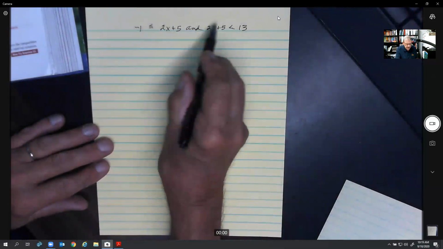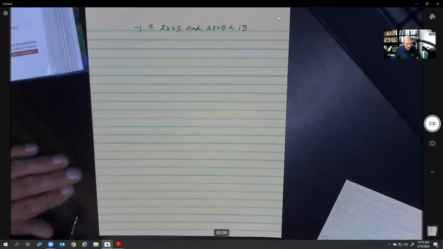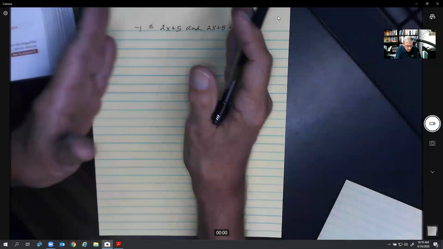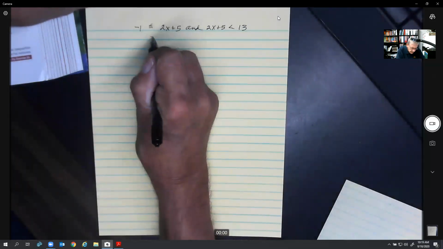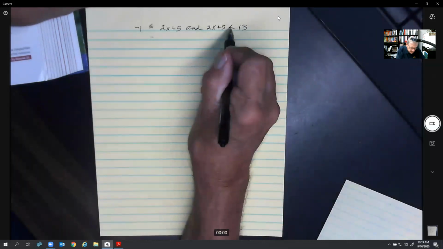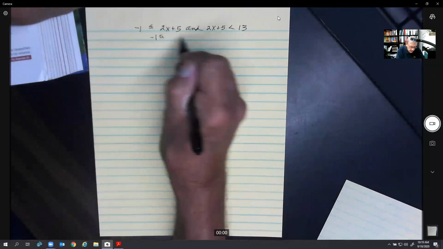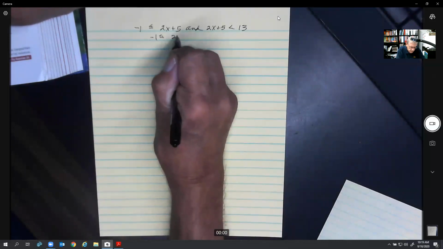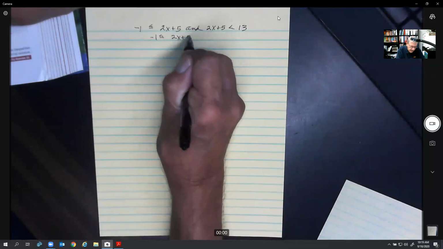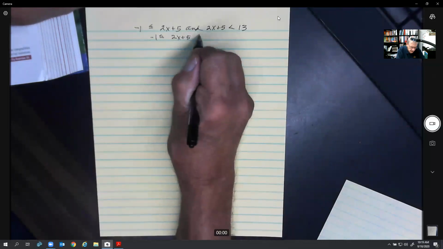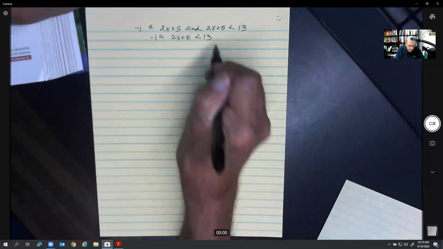Now, because both these inequalities are the same, we can push them together. And they both have less than symbols. So negative 1 is less than or equal to 2x plus 5, and 2x plus 5 is less than 13.